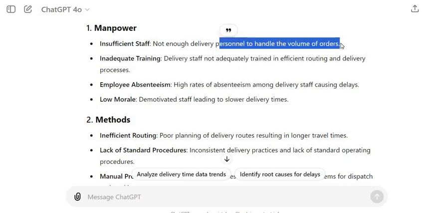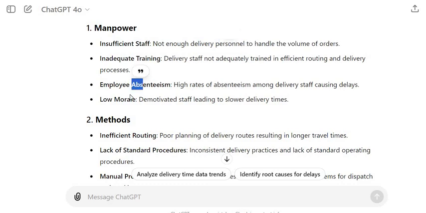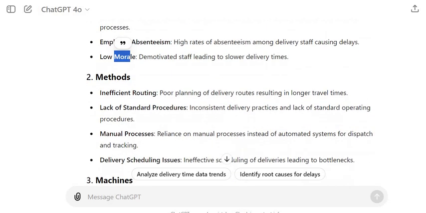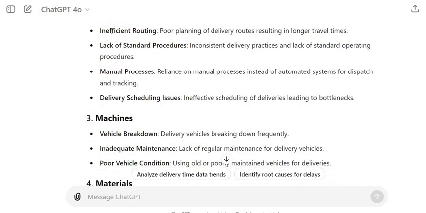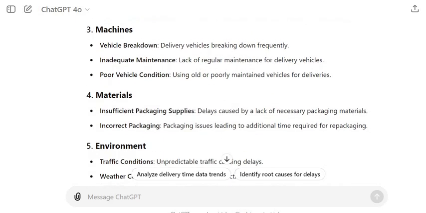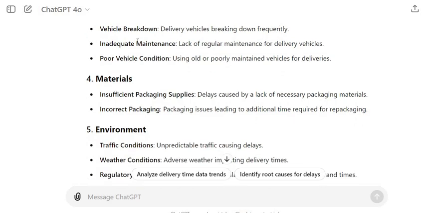That could be one cause of the late deliveries. Inadequate training, employee absenteeism, low morale, etc. Okay. Fine. Inefficiencies: inefficient routing, lack of standard procedures, manual processes, delivery scheduling issues. And then under machine: vehicle breakdown, inadequate maintenance, poor vehicle.